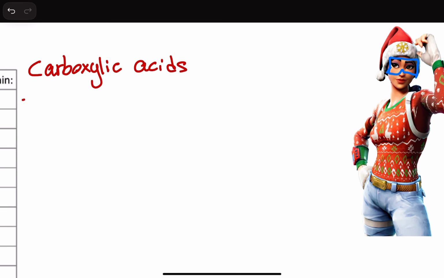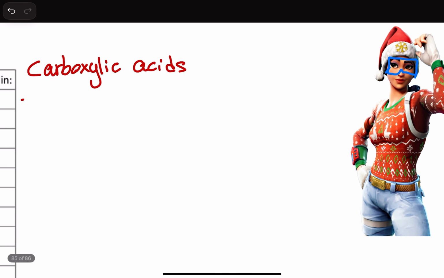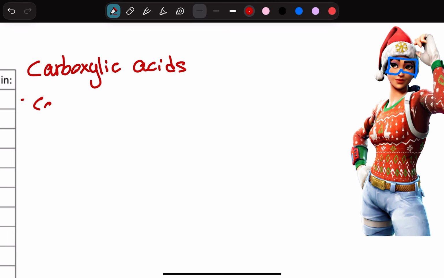So, a carbonyl group consisting of a hydroxyl group or an OH group. So we have our carbonyl group plus our OH in the R position. So what does that mean?